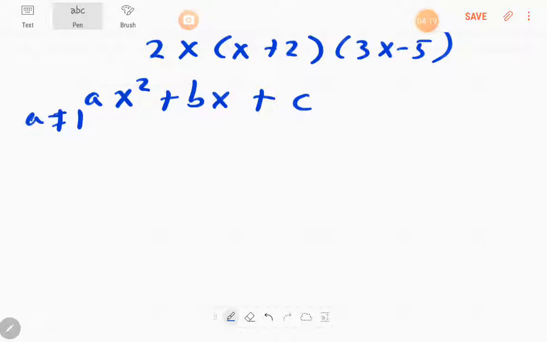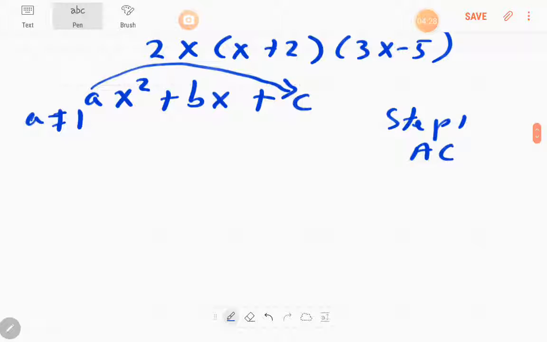So the first step, step 1, is to take a and multiply times c. So we find ac, we multiply a times c, paying attention to the resulting sign.